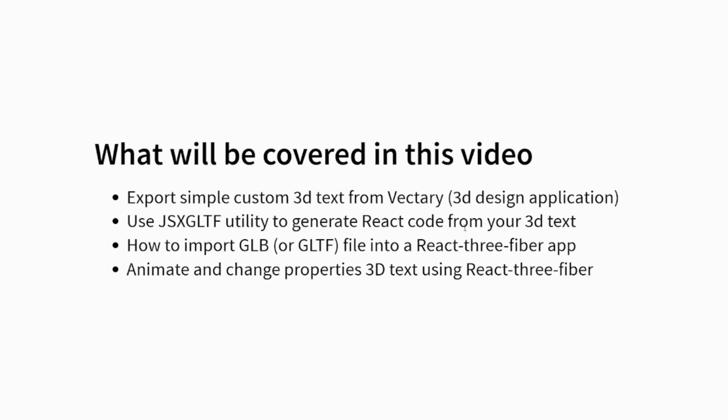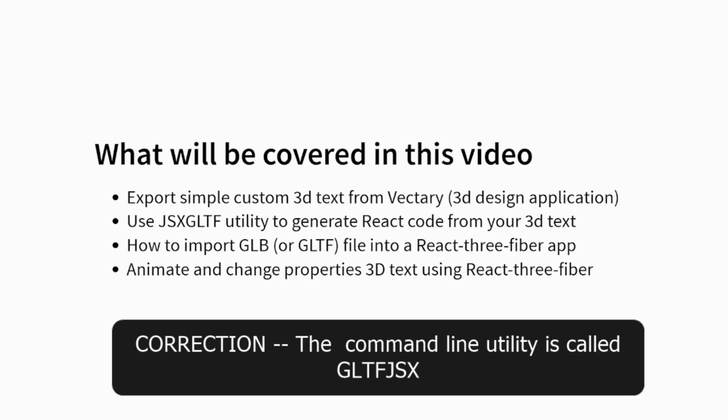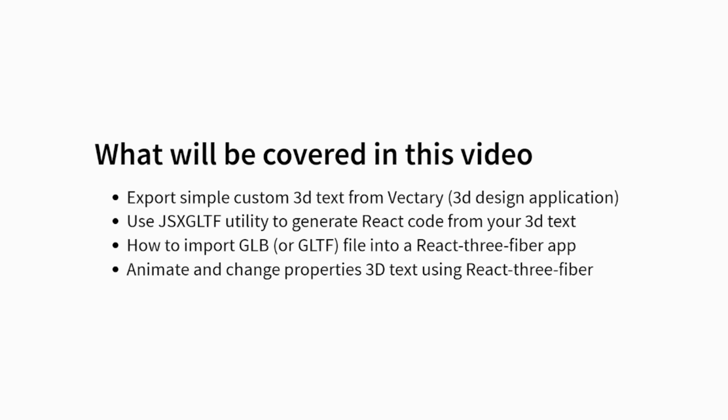In this video, you're going to be learning how to export simple custom 3D text from Vectary, which is the 3D design application, and we're going to be using a small utility called gltfjsx to generate some React code so that it can be compatible with React. I'm going to show you how to import GLB and GLTF files into your React Three Fiber app.